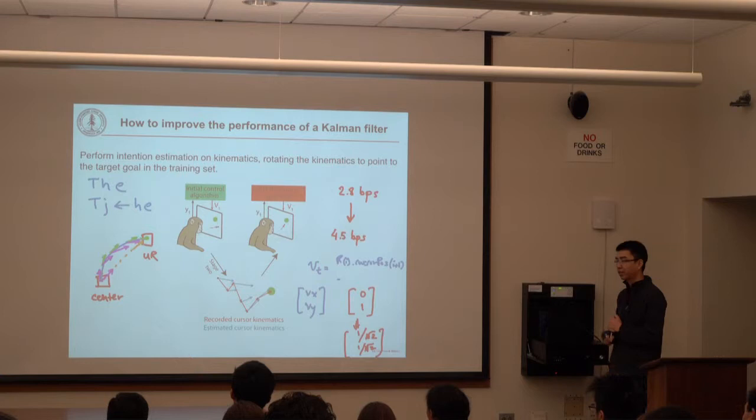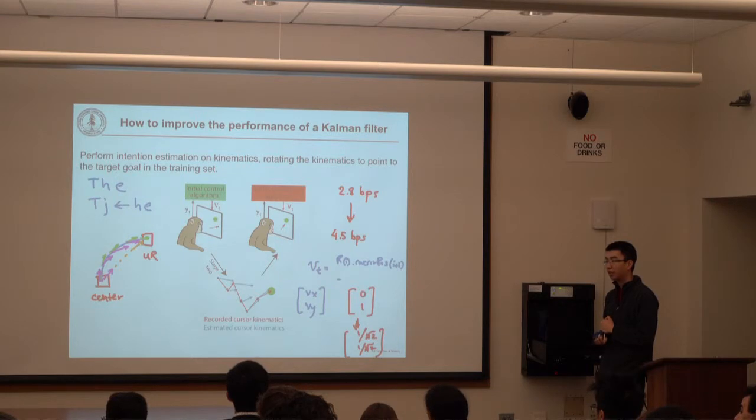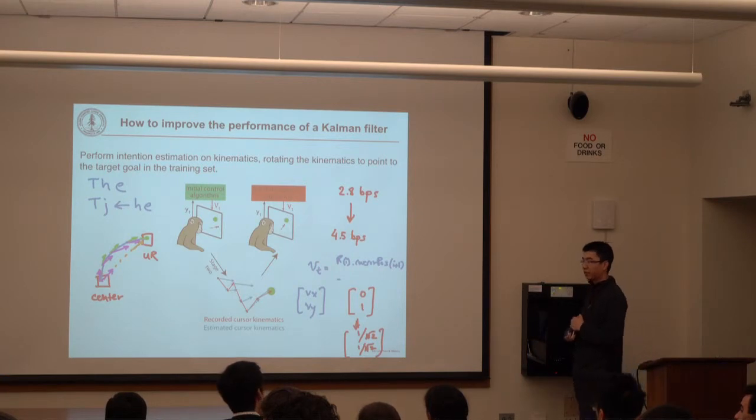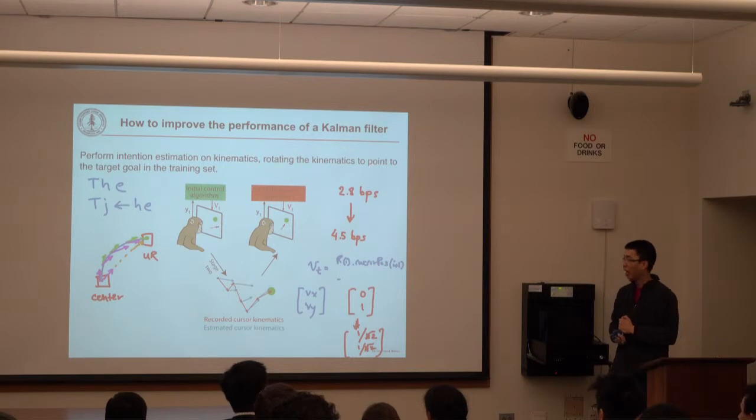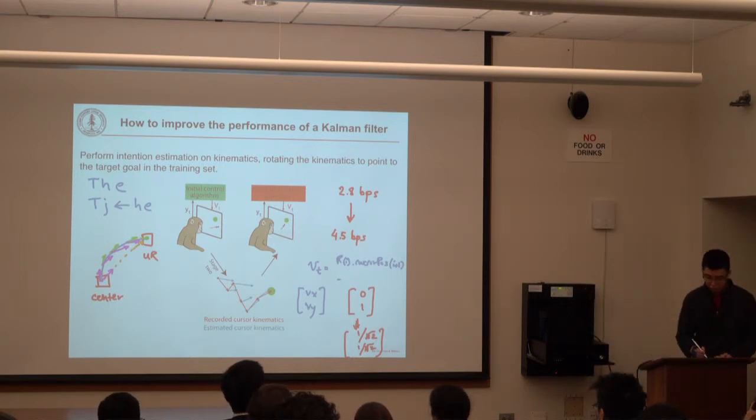Anjali? I'm sort of confused because if you're rotating the kinematics in the training set, and when he's decoding, even if his thought process is going to make this curved path, then how is that going to hit the target when decoding? Is his thought process I'm going to make a direct path, even though his arm says to make a curved path? Yeah, so if his thought process was to make a curved path, then this correction here would worsen performance.